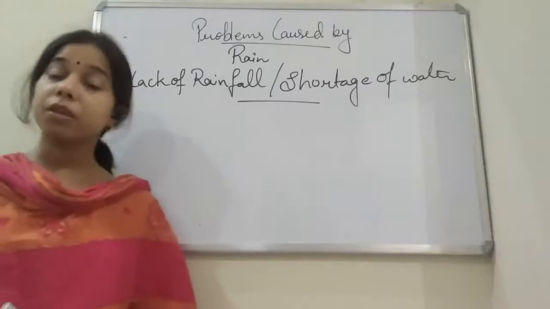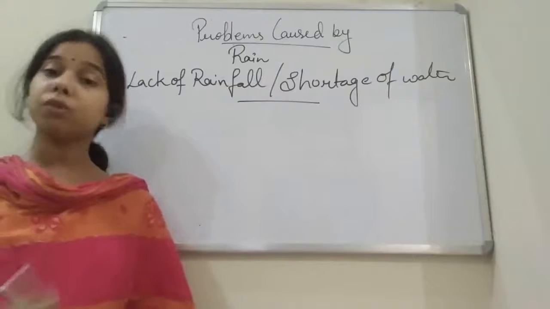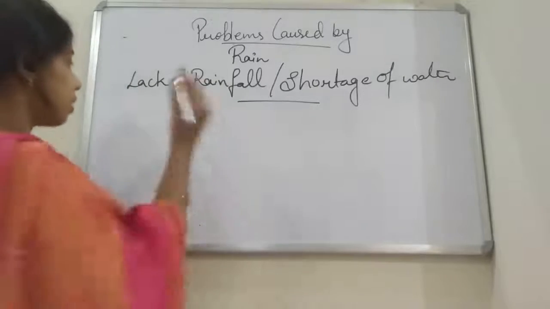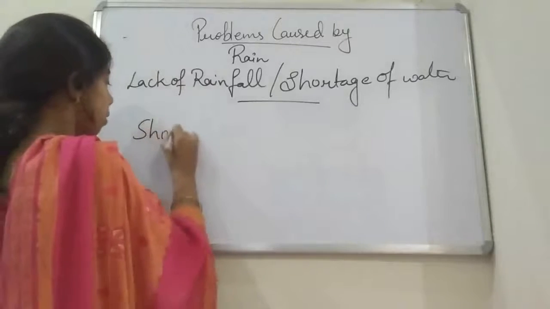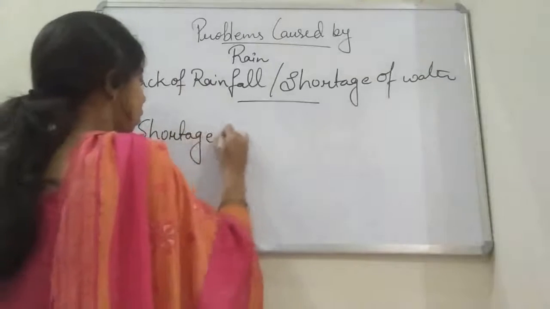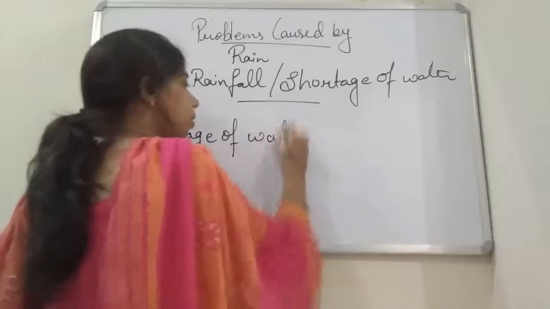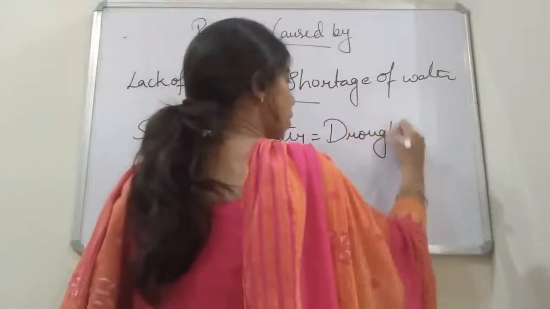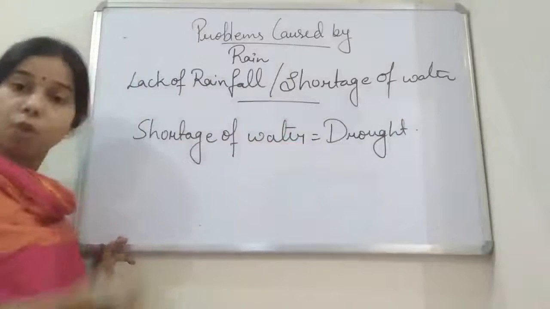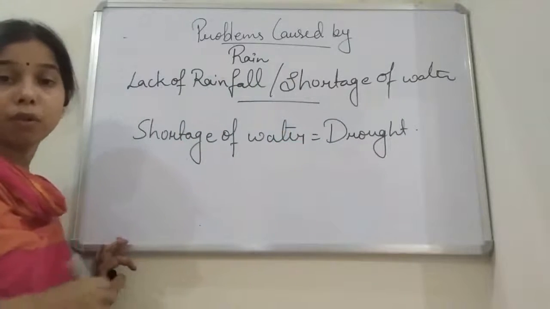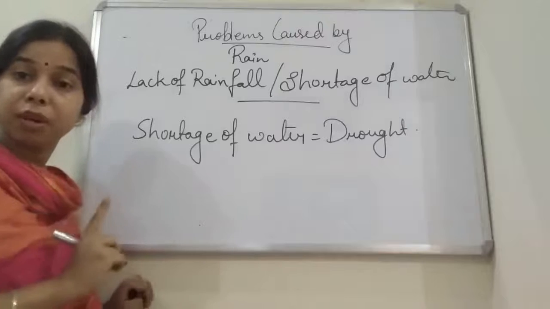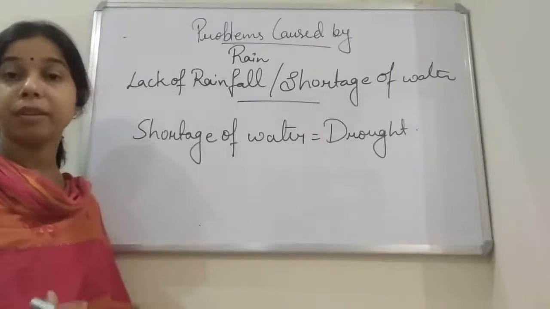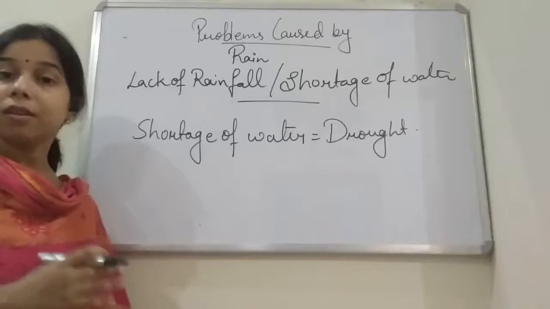Let me tell you, students, lack of water or the shortage of water, if you see in the book, it is written as shortage of water is drought. Okay, so you can say drought or the shortage of water. When we were talking about the heavy rainfall, we said that when an excess amount of rainfall is there, then it will cause the flood.